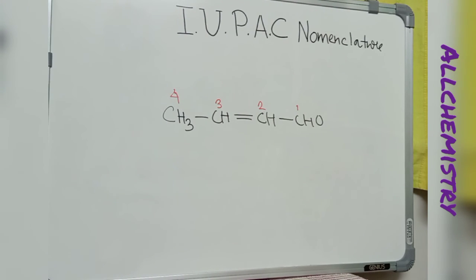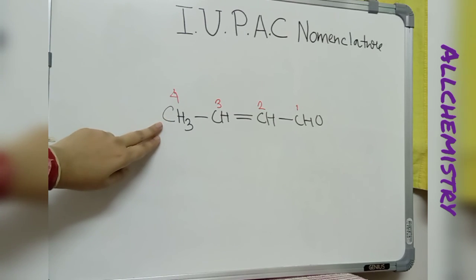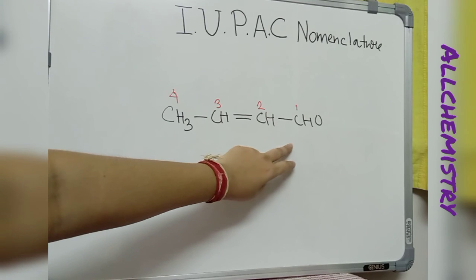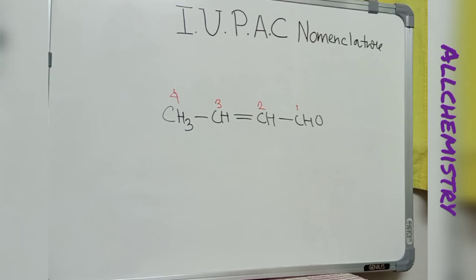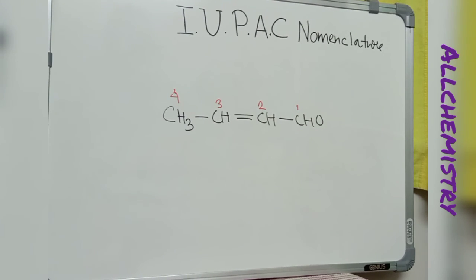If we start 1 from the other end, we can't, because we have the aldehyde group. So we have to take that group first, and number 1, 2, 3, 4. So this is but. Now according to our general rule, we have to take any substituent first. Here, as we are taking CHO as the main group, there is no substituent with respect to CHO.